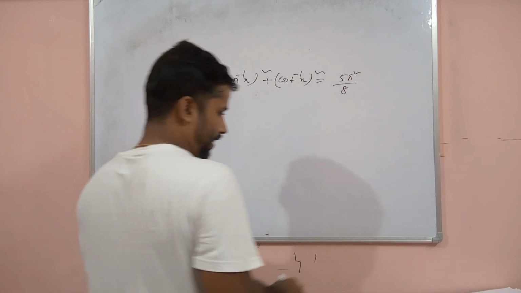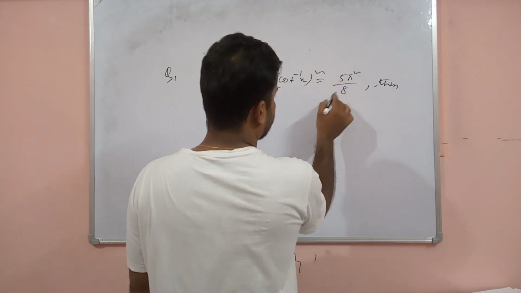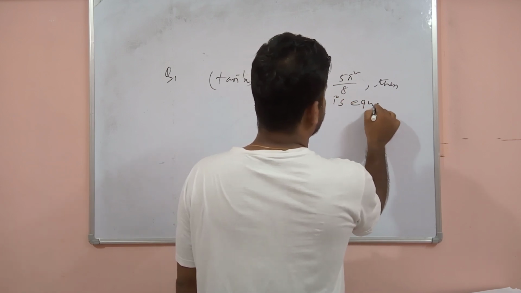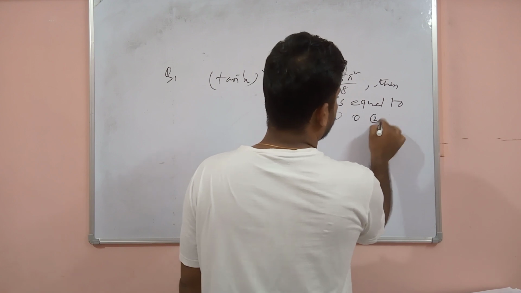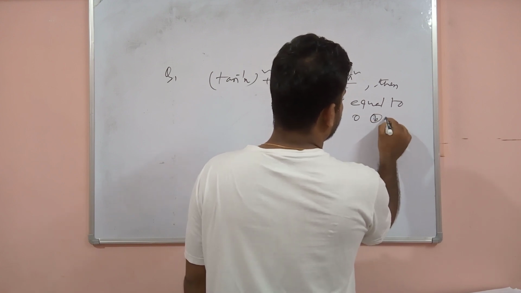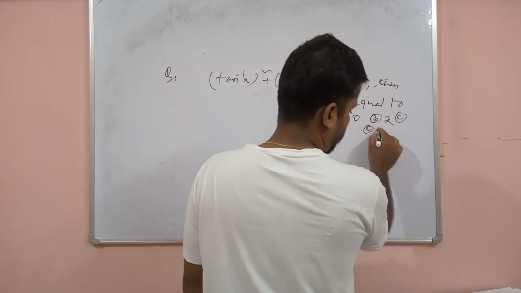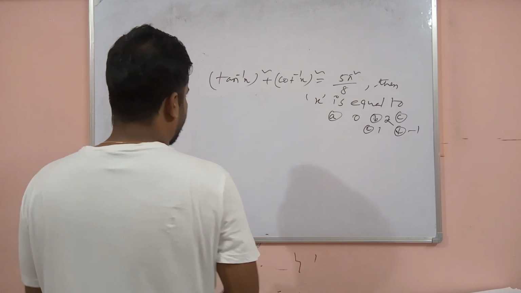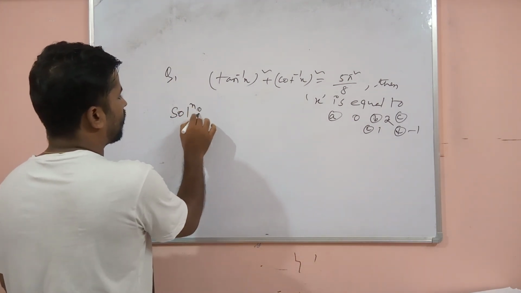Okay, then x is equal to, options are 0, 1, and minus 1. Okay, as you know, the solution would be like this.